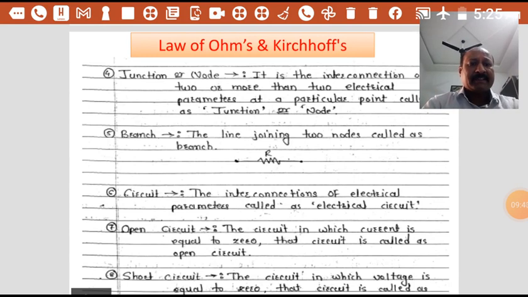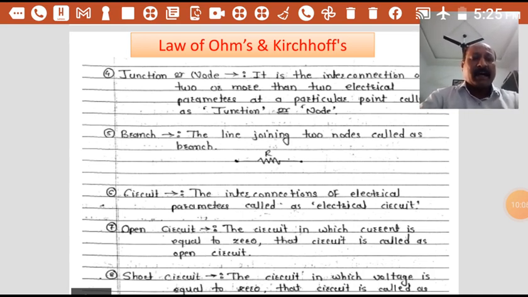Then electric circuits are further classified. First, the open circuit. The circuit in which current is equal to 0 is called an open circuit. Sometimes in home appliances, even though there is a supply at home, the fan or tube light refuses to start.